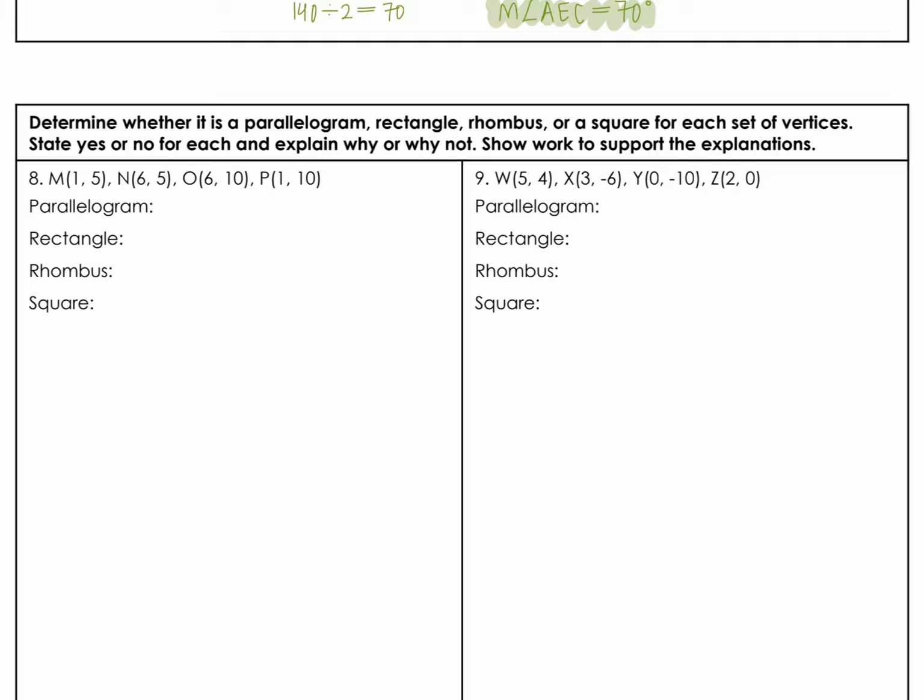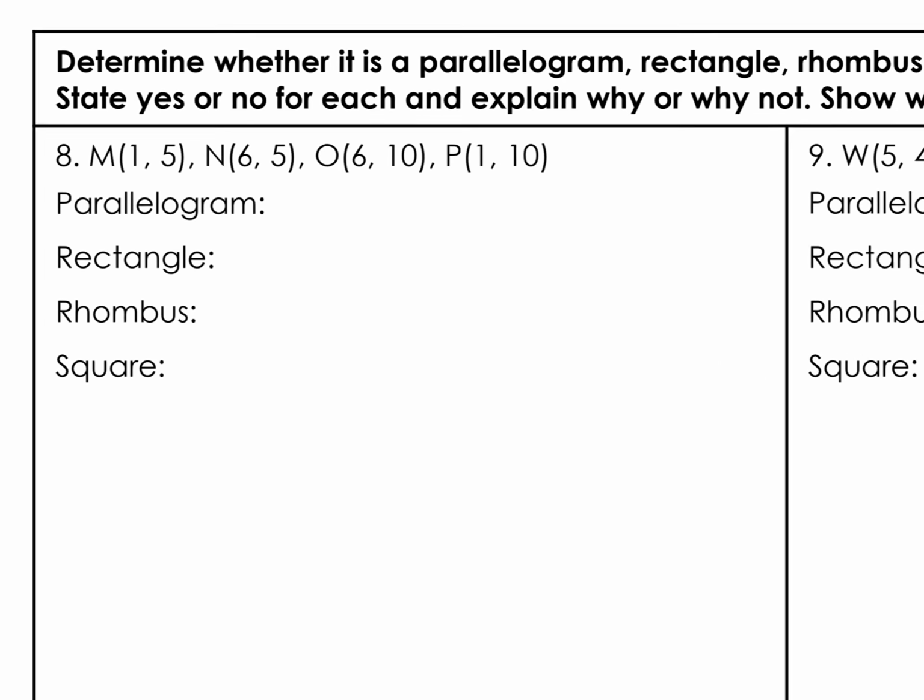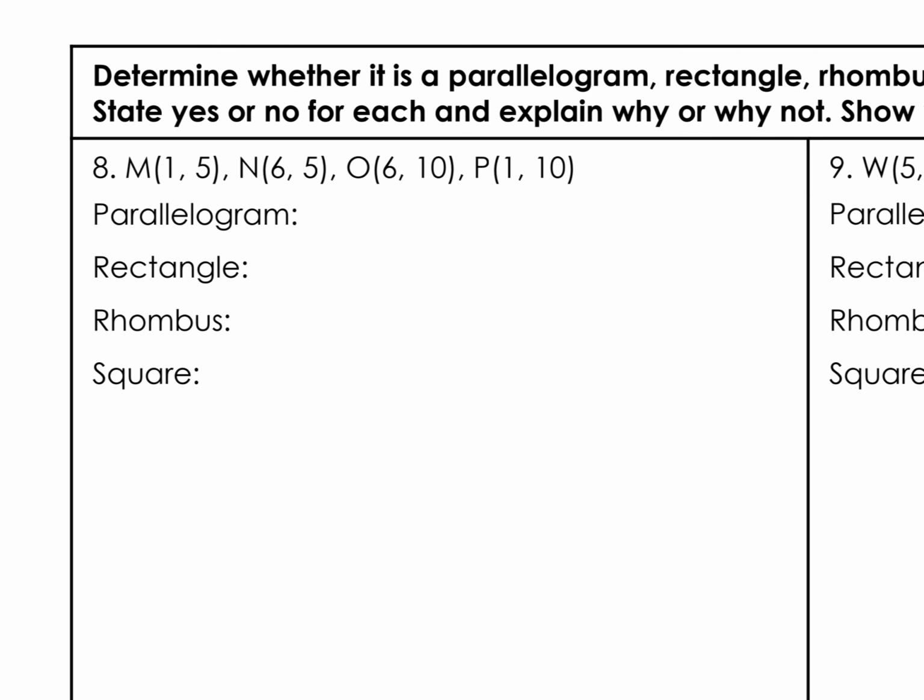Okay, so looking at number 8 here, I want to just kind of mention this for all of these, that the order in which I am listing it off here, MNOP, is also the name of it. And so we don't necessarily have to plot them to figure out exactly the order. We can just use that as the order. And so I'm going to start off by first just drawing a picture.